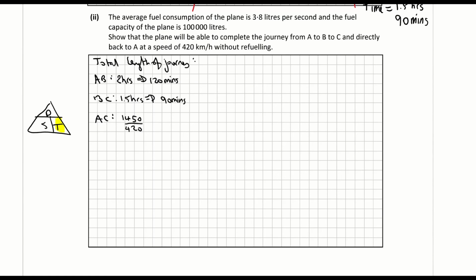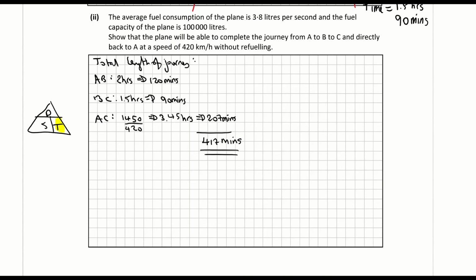So if I divide 1,450 by 420, I get roughly 3.45 hours, which is about 207 minutes, give or take. So if I calculate the total length of the journey in minutes, I'm getting 417 minutes. So that's the total length of the flight.